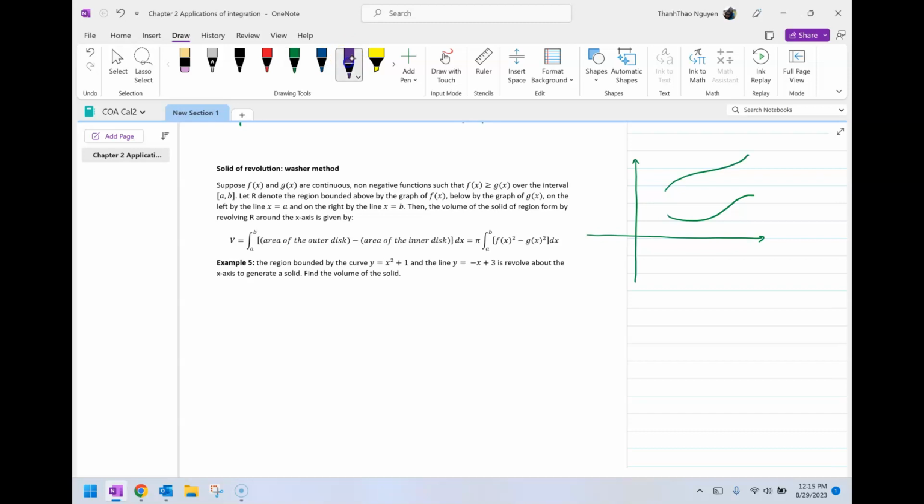Bounded by x equal a and x equal b, the region that we're looking at is this weird little figure. This is our R. Now if I take this and rotate it about the x-axis, then I'll get this figure.